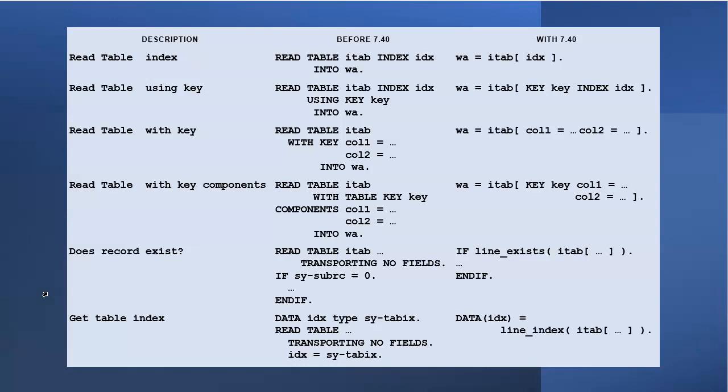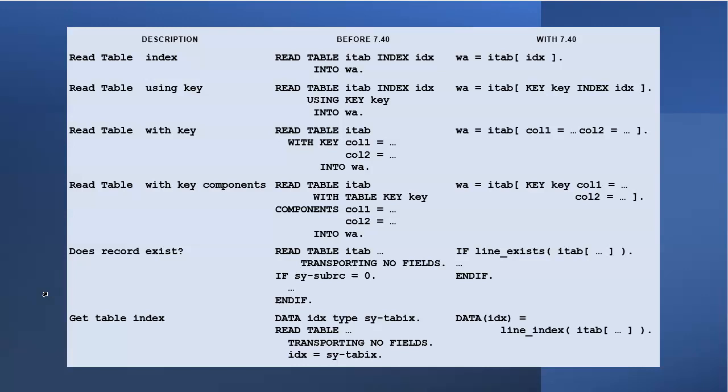For read table with key components, you write work area equals internal table in brackets, the keyword KEY, then the key name, then column 1, column 2, whatever fields you have.